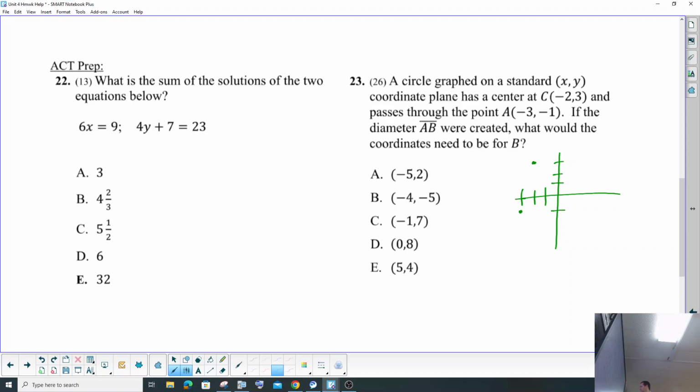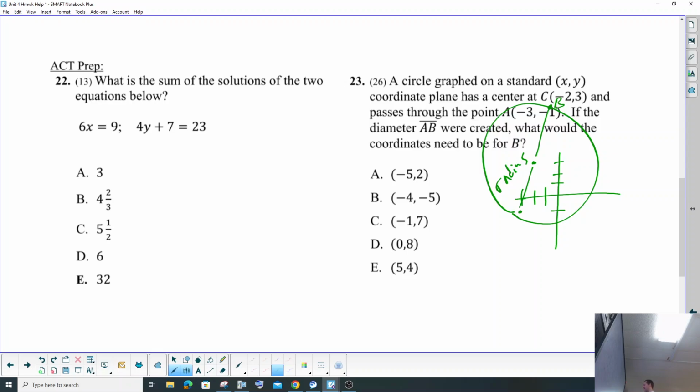If it's a circle, that distance is the radius. If the diameter AB were created, what would be the coordinates needed for B? They want you to find this coordinate way up here. They want you to find B.